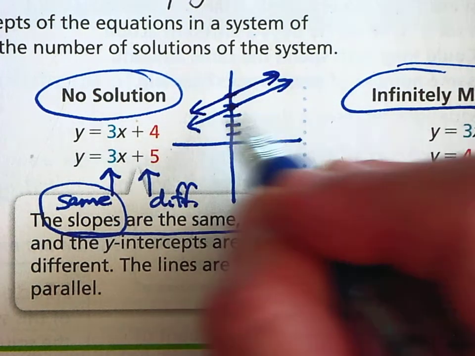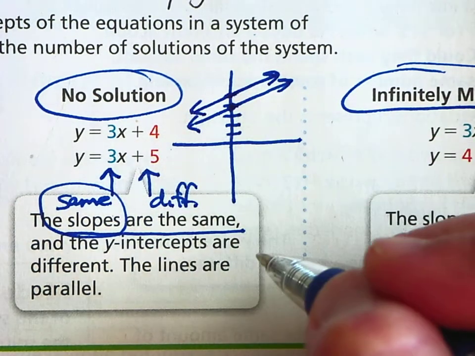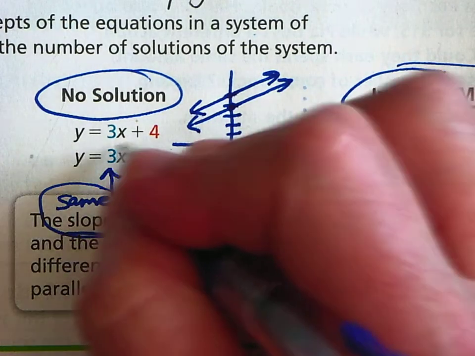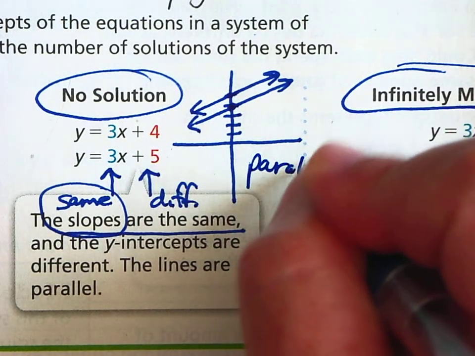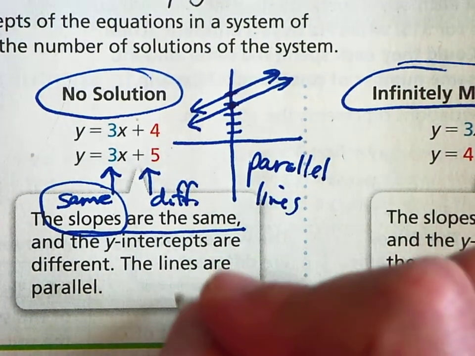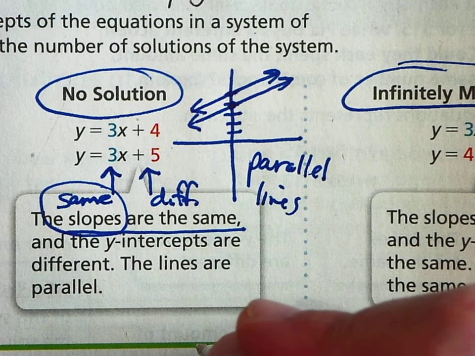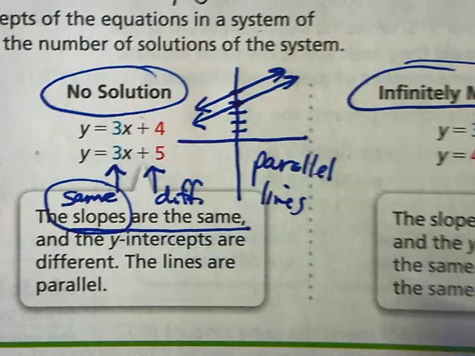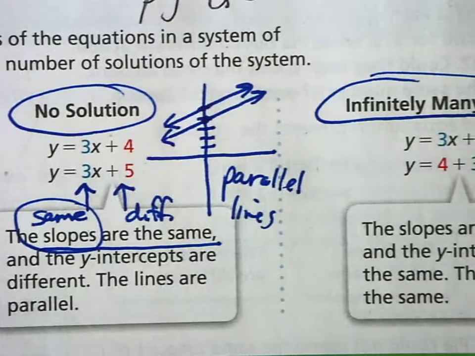So they have the same slope. They are running in the same direction, but they are in two different spots. So this means parallel lines which will never cross. That's why there is no solution. Parallel lines, no solution. So when the slopes are the same, but the y-intercepts are different, they will never cross.